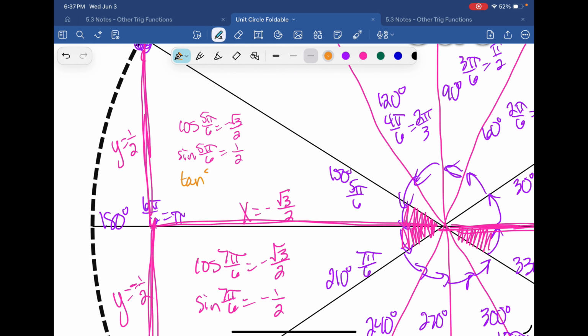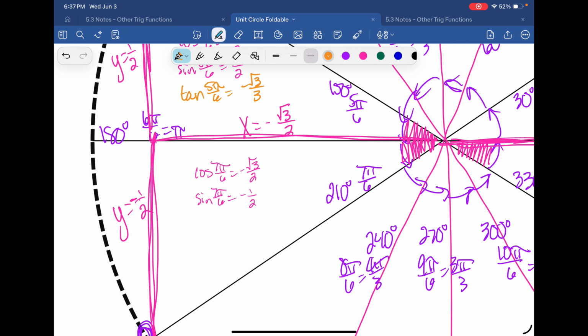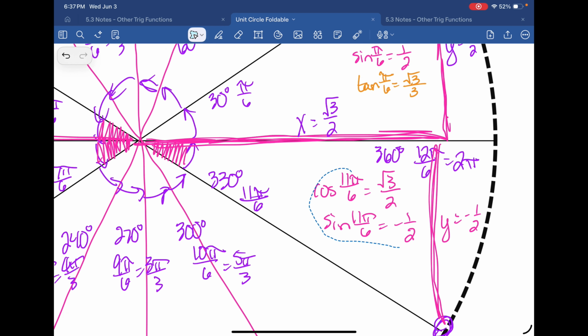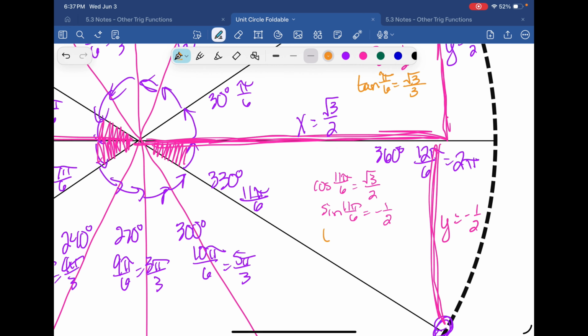Tangent 5 pi over 6. Tangent is negative in quadrant 2. Why am I writing so big? Goodness. In quadrant 3, tangent is positive. And in quadrant 4, tangent for 11 pi over 6 is negative.